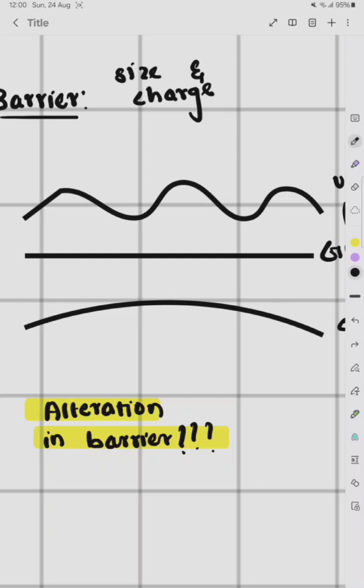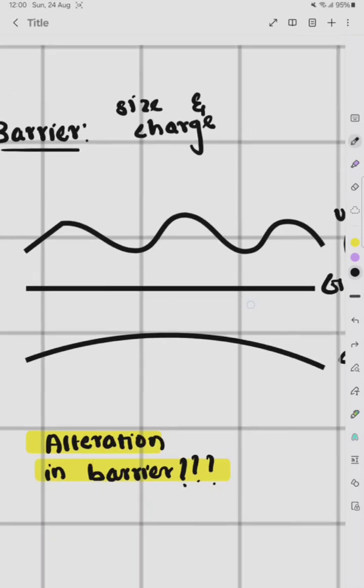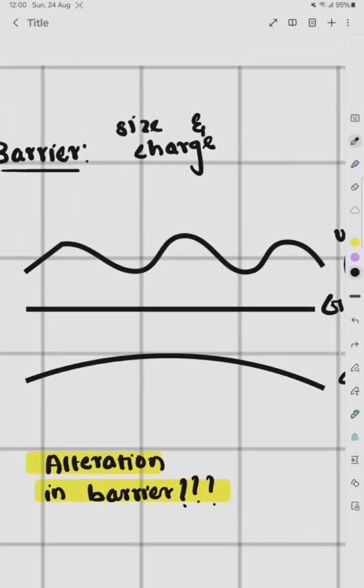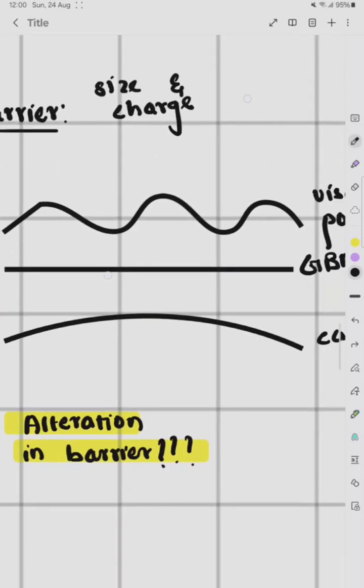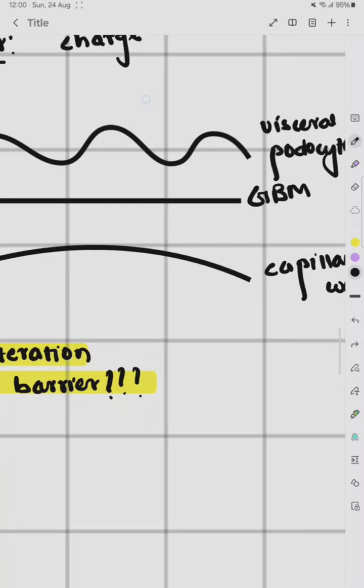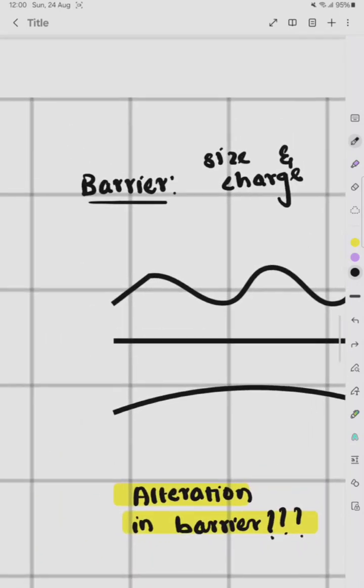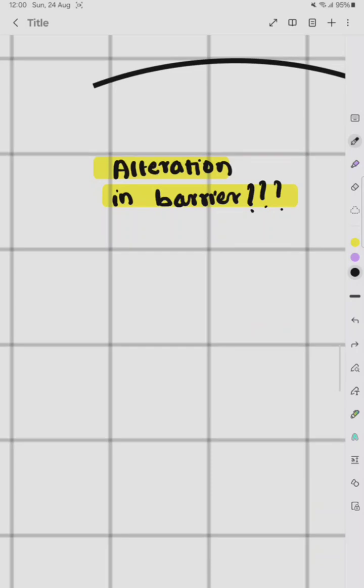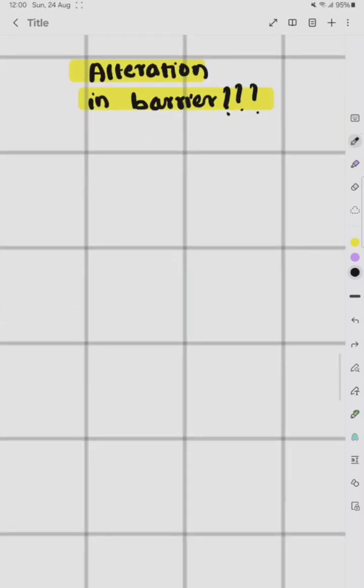But then that would explain that they would attract positively charged substances. So the crux of all this discussion is that this wall or membrane acts as a size and charge barrier. Now, suppose there's an alteration, an injury or an insult to this barrier, that leads to proteinuria.